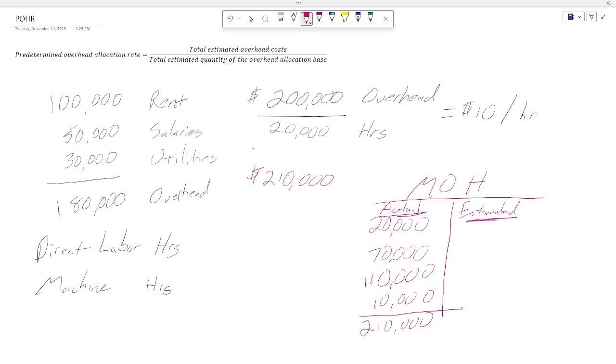And so if we had 19,000 hours instead of 20, we were doing $10 per hour, and so that would end up at 190,000. So we can see that we actually have $20,000 left in manufacturing overhead. We're supposed to have zero. So what do we do with this extra 20,000?